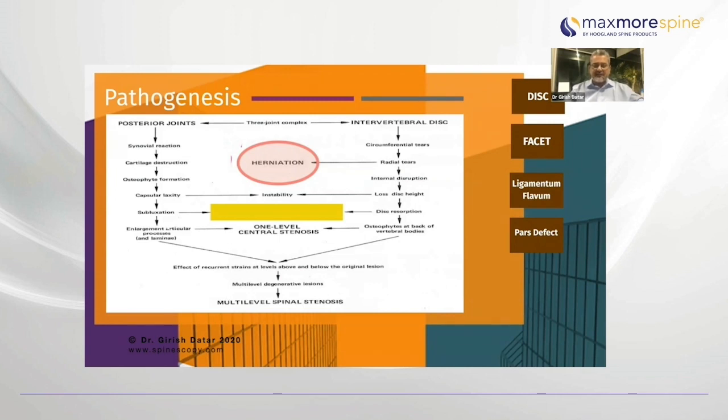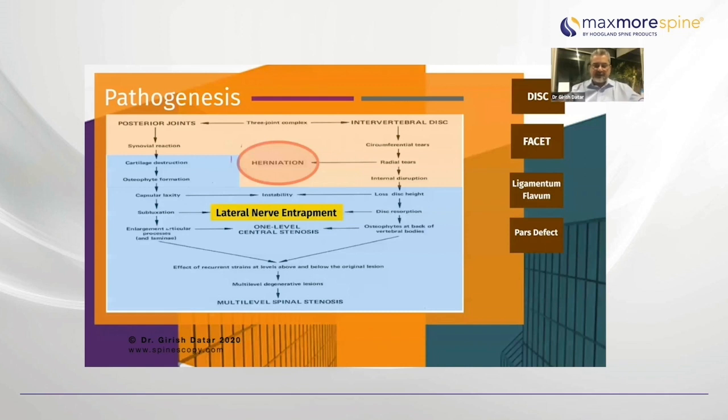Initially you have problems like annular fissures, disc herniations, internal disc disruptions, and on the other side, synovial reactions, cartilage destruction, osteophyte formation and loose bodies, and then the process of subluxation starts. In the process of subluxation, what you have is a lateral nerve entrapment.